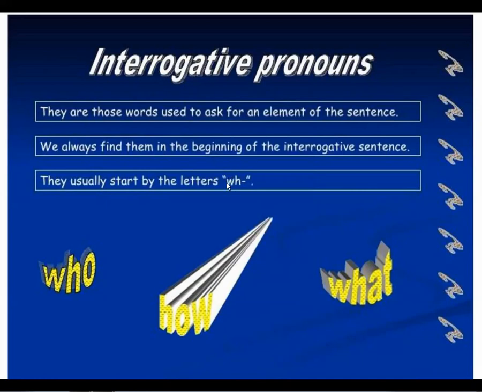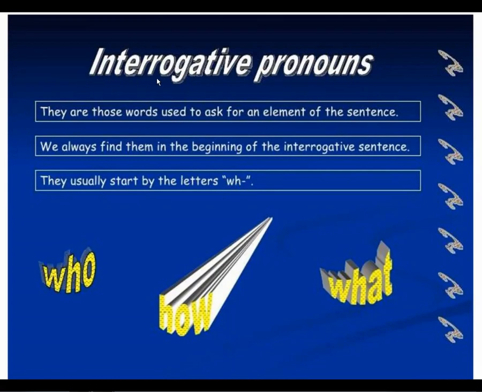So all of the WH words that we use to make a question sentence are called interrogative pronouns, right? They are words used to ask for an element of the sentence. We always find them in the beginning of interrogative sentences. They usually start with the letters WH.